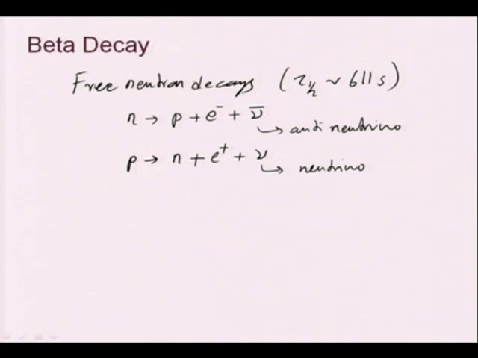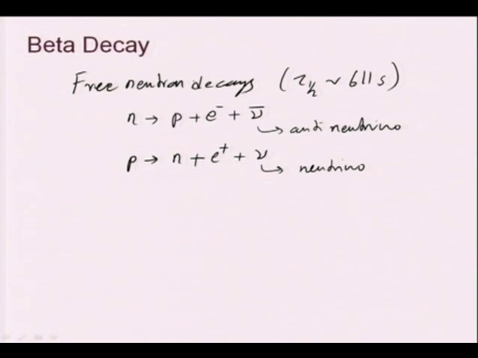Free protons are not observed to decay. So, proton stability is an important aspect for our own existence. Protons should not be just decaying just like that. Anyway, in particle physics model building also, this proton stability is one of the key ingredients.